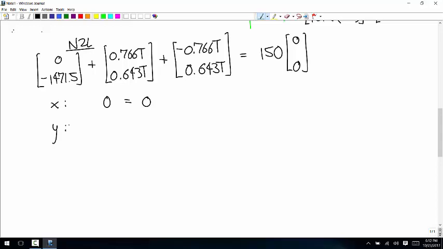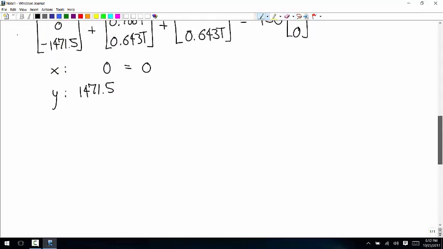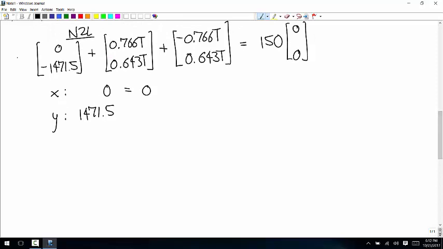For the y equation, you get negative 1471.5 plus 0.643 T plus 0.643 T is equal to 0.